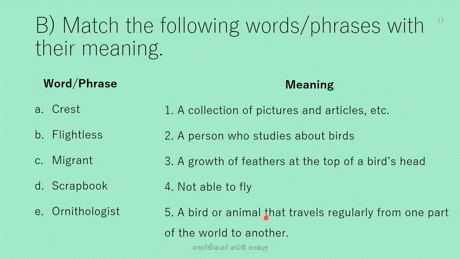So you can read these 5 words and also the meanings again and try to match what crest means, what flightless means. Just take 2 minutes and try to match these, and then we will discuss the answers.